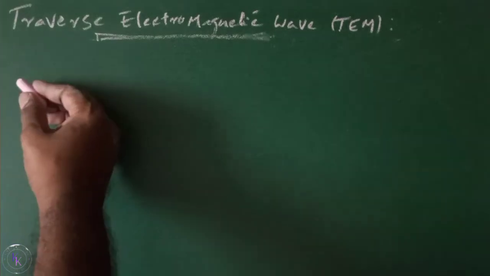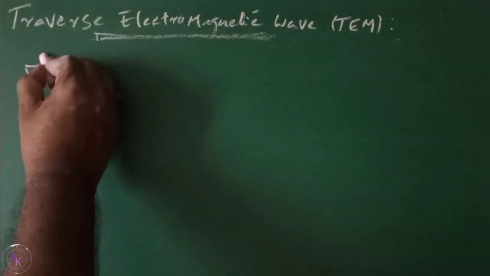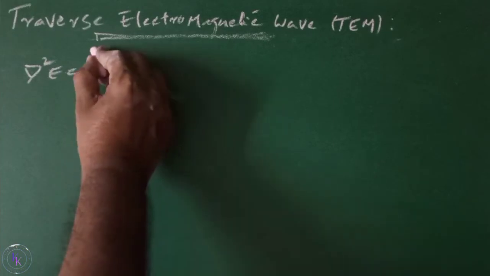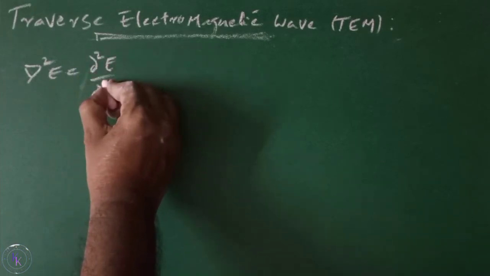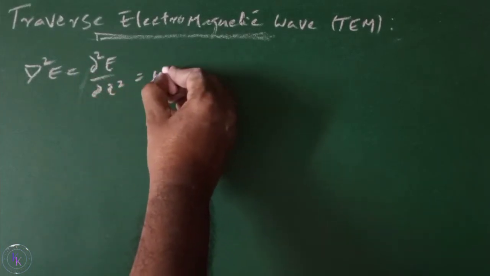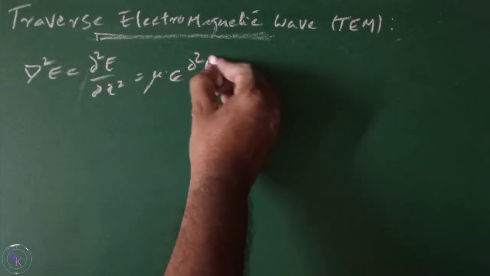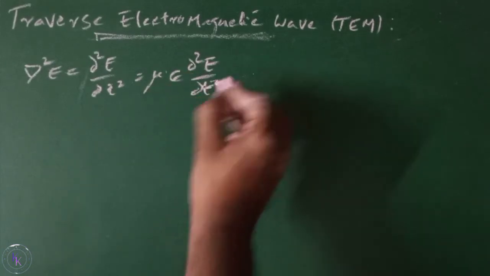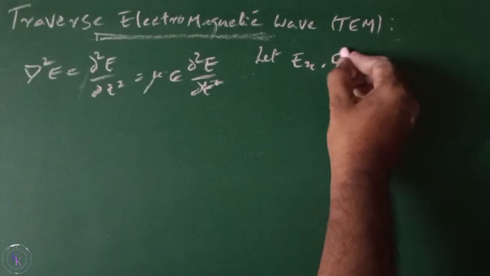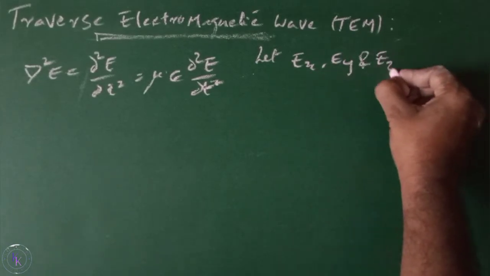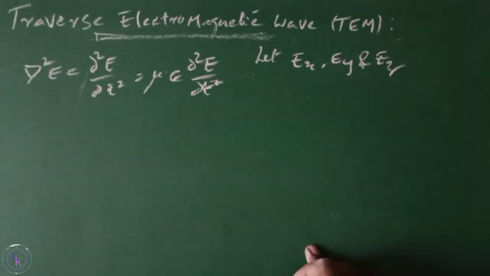Now consider the propagation equation that del square E equals ∂²E/∂x² equals mu epsilon ∂²E/∂t². Now let Ex, Ey and Ez be the components of E along the x, y, z directions.